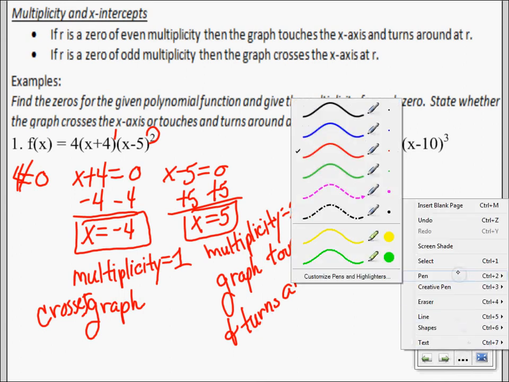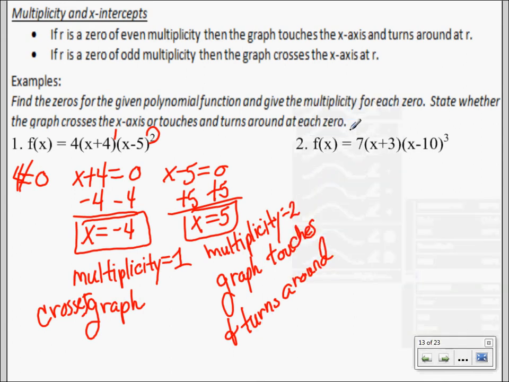Okay, let's look at our second example. f of x equals 7 times the quantity x plus 3 times the quantity x minus 10 cubed. Let's set all of our terms equal to 0.